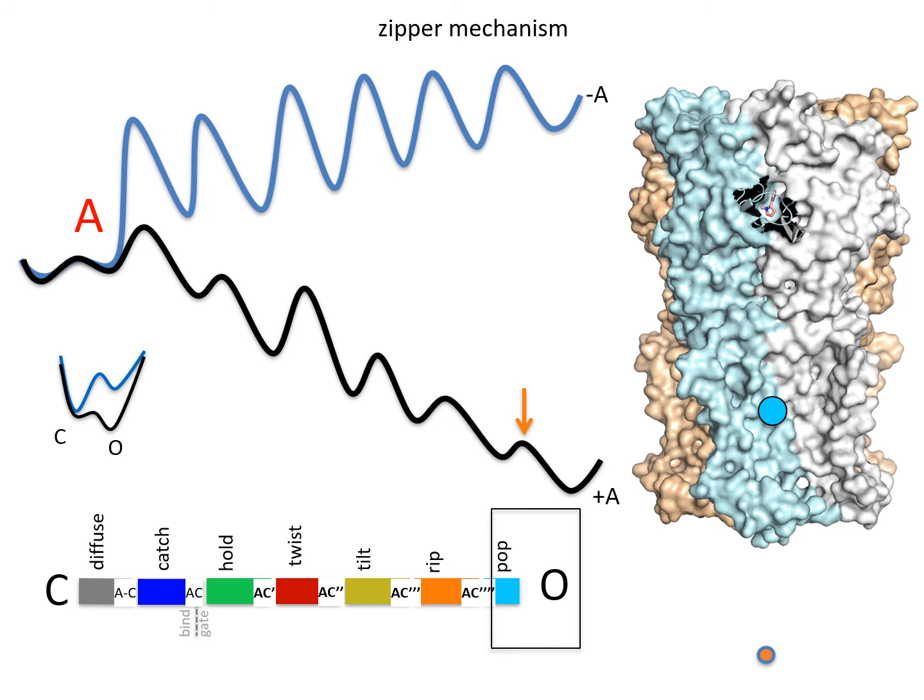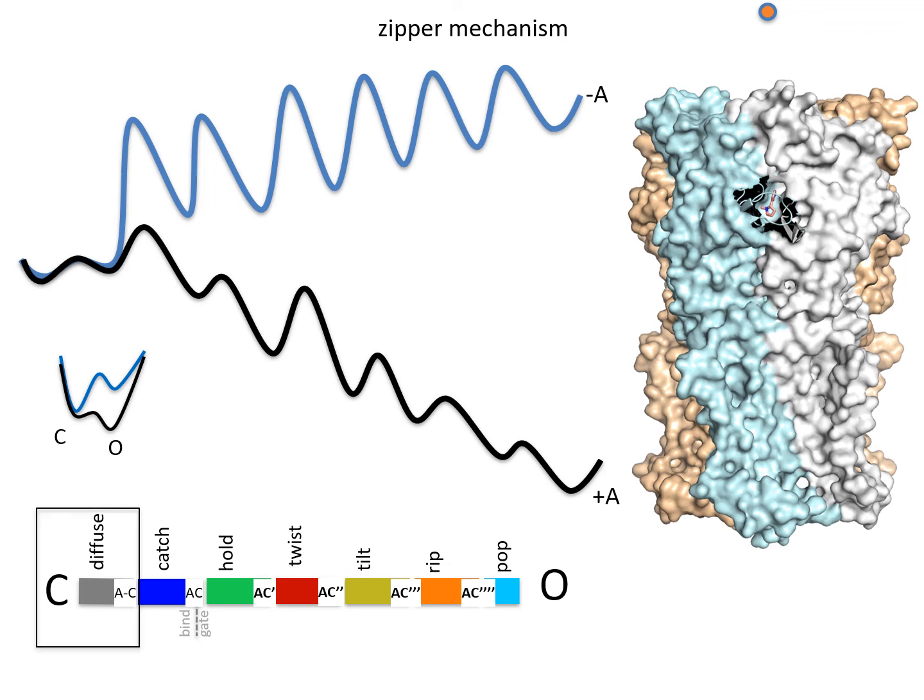This time we can look at the reaction scheme down below to see what each of these intermediates is. So in the second animation, let's focus on the reaction scheme down below and the four intermediate high affinity pre-open states and the events that are taking place.